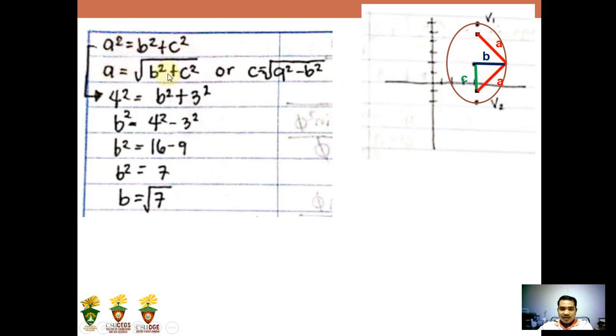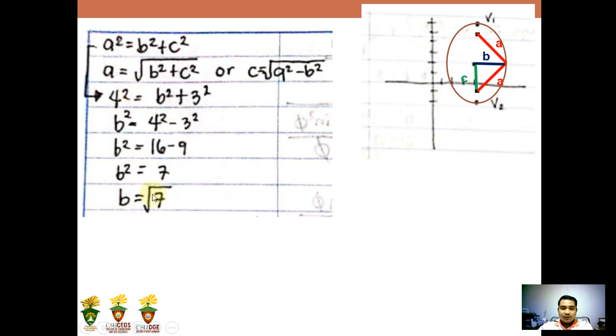Or we can say that b equals the square root of a squared minus c squared. Substituting the values of a and c from the eccentricity, with c equal to 3 and a equal to 4, we can directly have the value of b, which is the square root of 7.